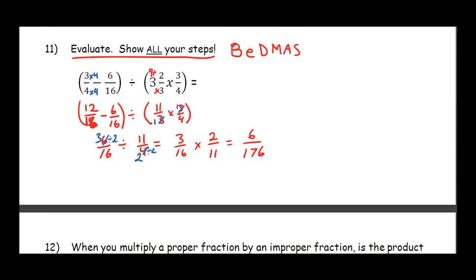I should have thought of that earlier. So if I divide both the top and the bottom by 2, I'm simplifying this, so this becomes 3, and half of 176 is, what is that, 88? You got it, 3 over 88 is the answer.